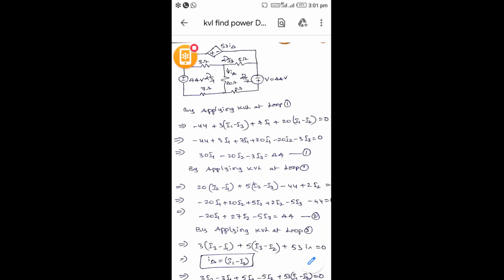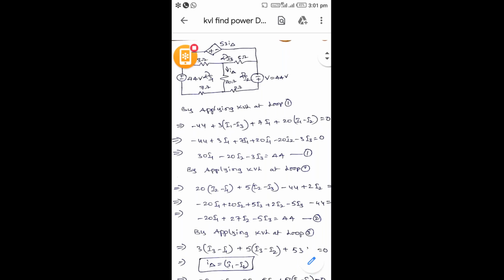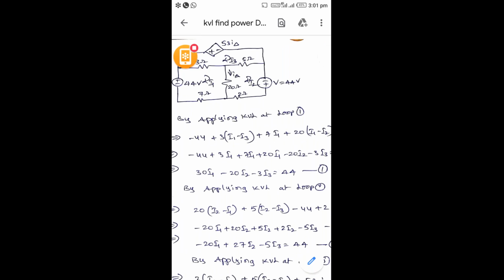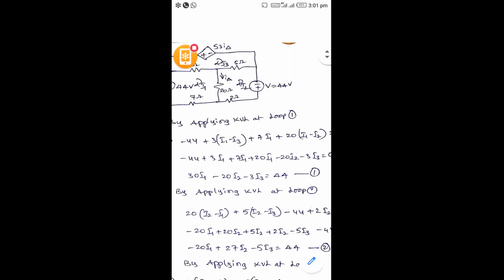Next, by applying KVL at loop 2. In loop 2, we have 20 ohms, 2 ohms, 5 ohms and 44 volts. We can write 20 times I2 minus I1 plus 5 times I2 minus I3 minus 44 plus 2 I2 is equal to 0.